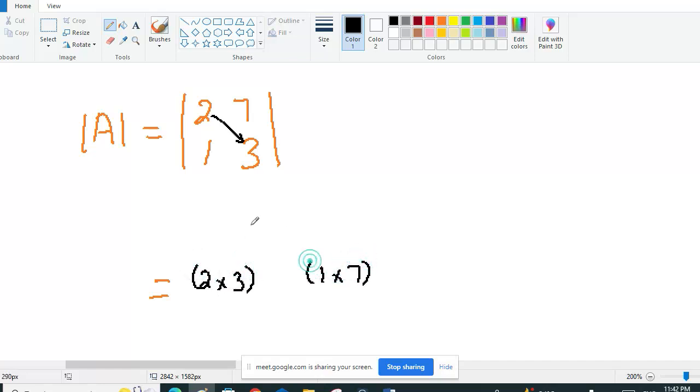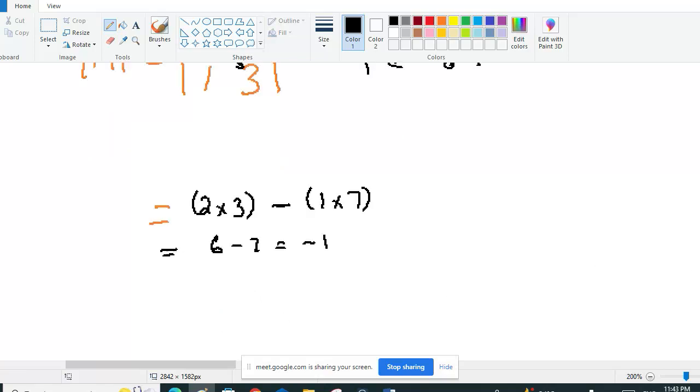If this is your matrix A, B, C and D, you multiply A with D first, then place a minus sign and then multiply B by C. My answer is 6 minus 7, that is minus 1.